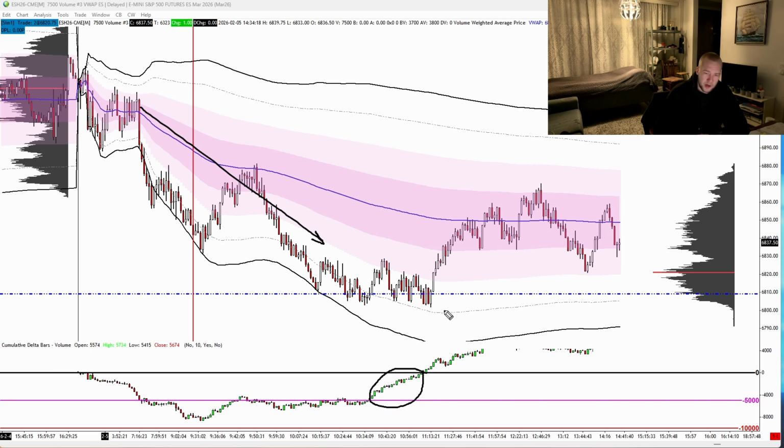I got my confirmation, took the entry, got a very clean entry as you saw on the clip. Also trailed my trade basically perfectly. Now obviously I could have gotten a slightly better stop, maybe around 10 points more, but it was pretty clean as trades go.